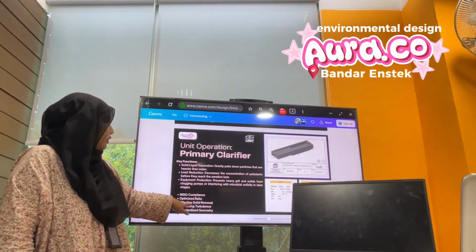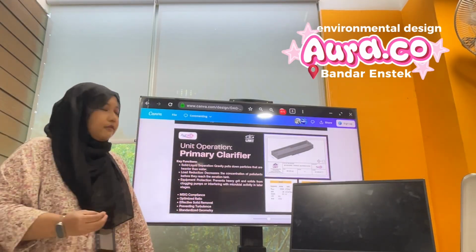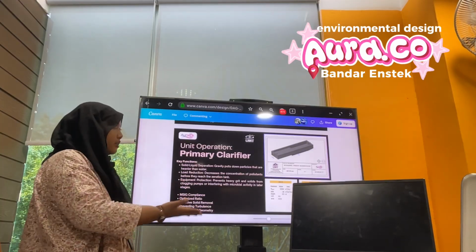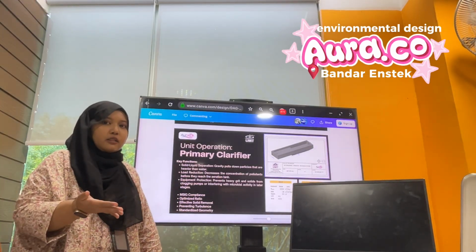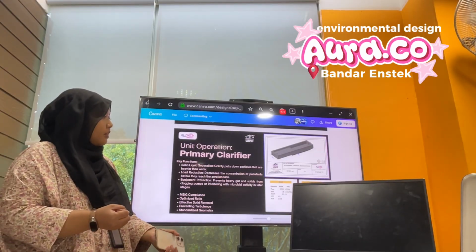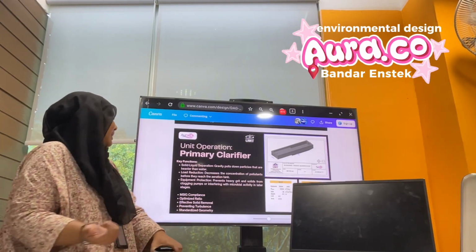Next is effective solid removal. So we need to make sure that our clarifier effectively helps to remove the solids, and we need to prevent turbulence, which is when the water is wavy and may slip out from the tank.